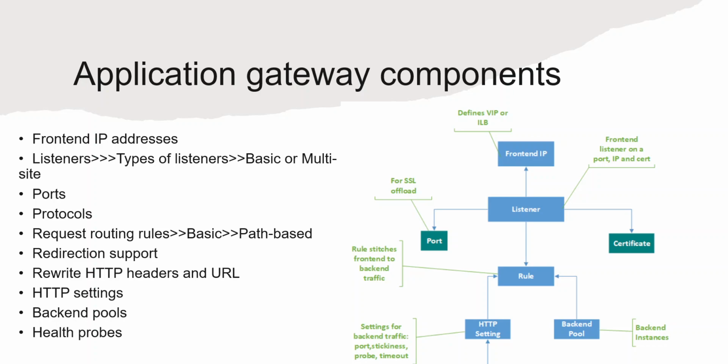You can set request routing rules. Health probes monitor the health of all resources in the backend pool, and remove the unhealthy ones automatically. These health probes are required for monitoring the backend requests. Whatever backend request comes in and goes, it will check the requests.